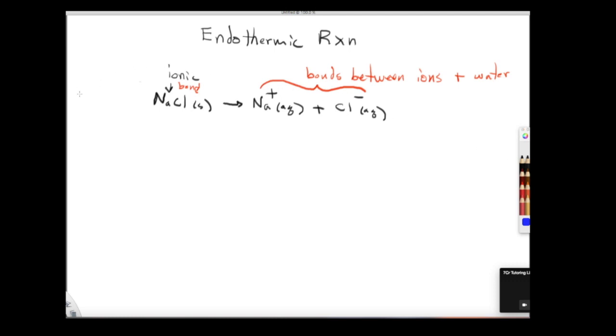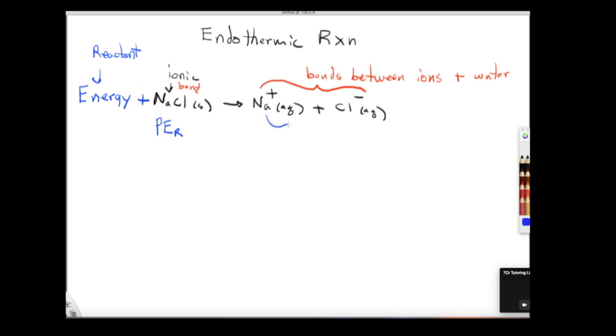Instead of releasing energy, this type of reaction requires the addition of it. So I'm going to write it this way. So we can treat the energy as a reactant. Okay, and remember that the reactants have a potential energy. I'll call that PE reactants.